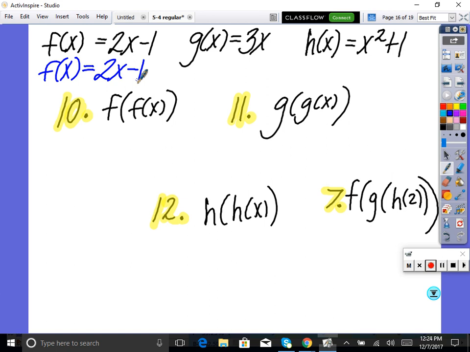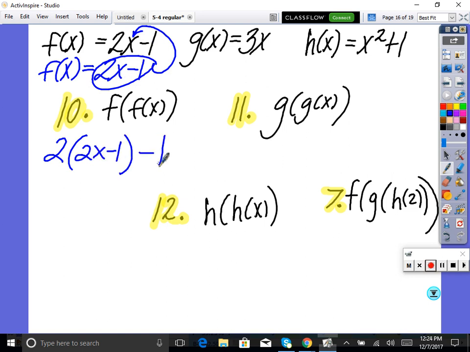So we're taking f of x and putting it back into f of x. So 2 parentheses, that is replaced with that. 2x minus 1, and then don't we have a minus 1? So our final answer, we would distribute 2 in for x minus 2 minus 1. So f of f of x is 4x minus 3.